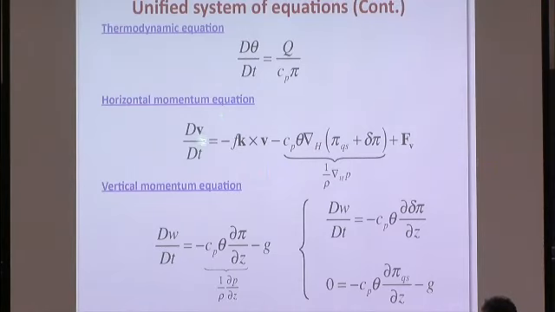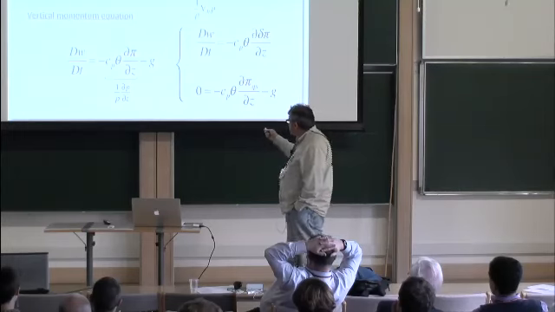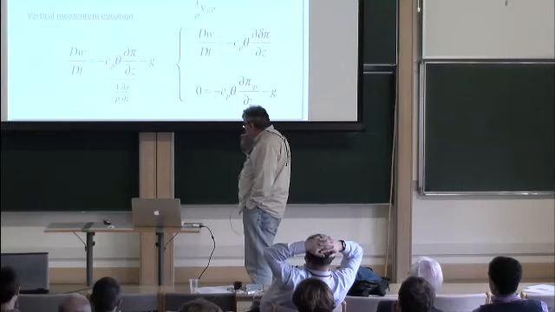And the horizontal momentum equation is not approximated, although I wrote it in two components. This is not an approximation. This is just the definition. And if we are not familiar with this form, this is actually 1 over rho grad P. So this density is not the hydrostatic density. This is the density that we know.